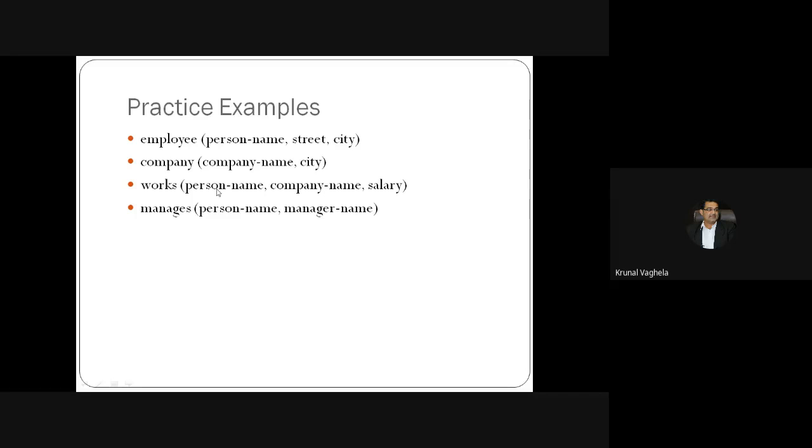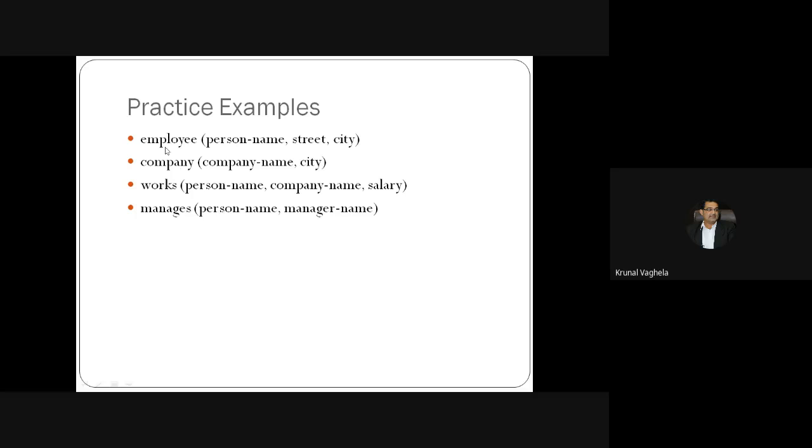Now from the person name I want to know the city, so from the person name I will get the city also. Here, if you joined works and company, you won't get the city, because I know the person name who works for First Bank Corporation, but from the person name I want the city. So from company name to person name and person name to city.